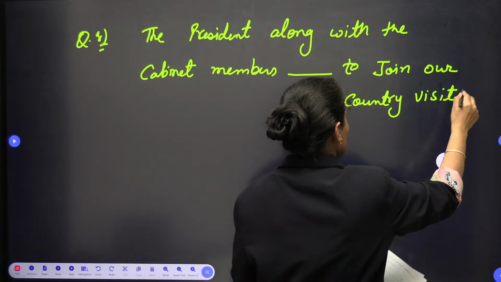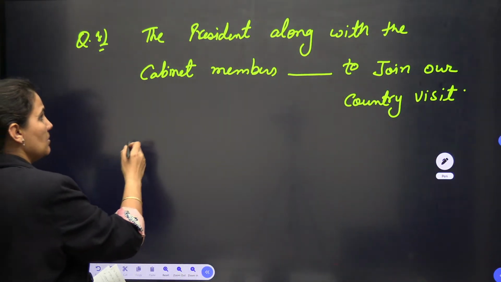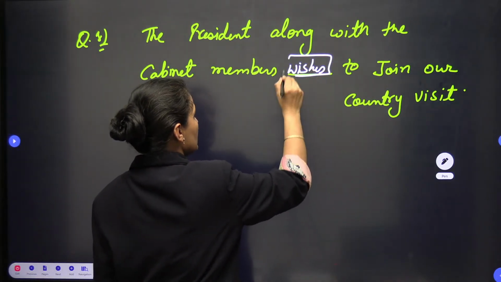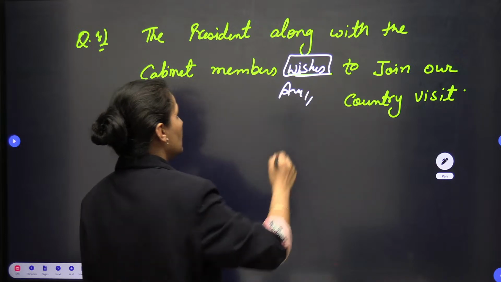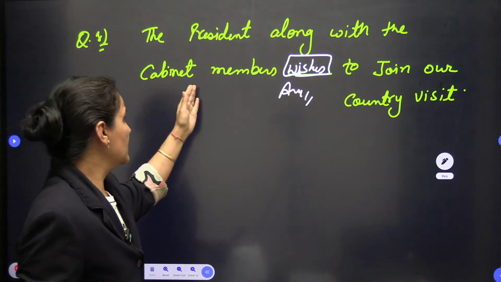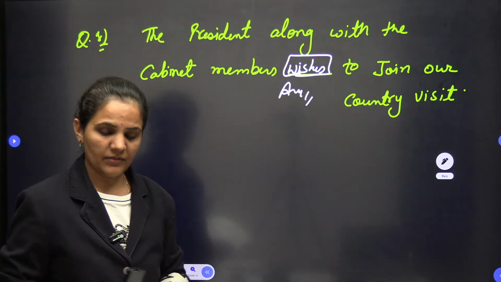Okay, so in this question we can see that one of the options is wishes, and wishes will be the answer because it's a very simple sentence: president along with the cabinet members wishes to join our country visit.